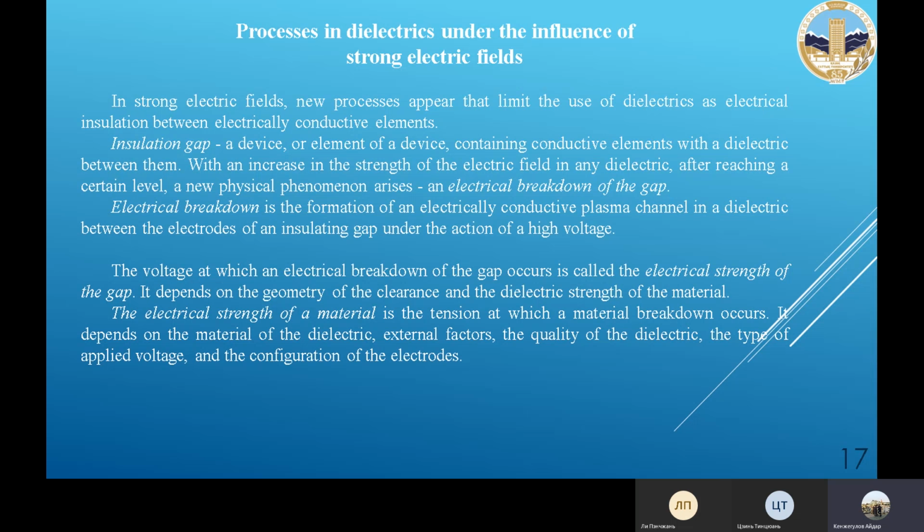The electric strength of a material is the field strength at which the material breakdown occurs. It depends on the material of the dielectric, external factors, the quality of the dielectric, the type of applied voltage, and the configuration of the electrodes.